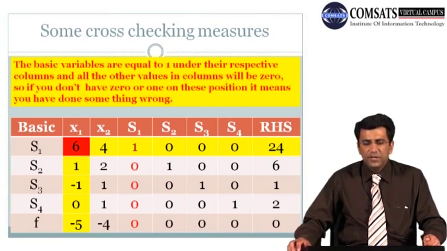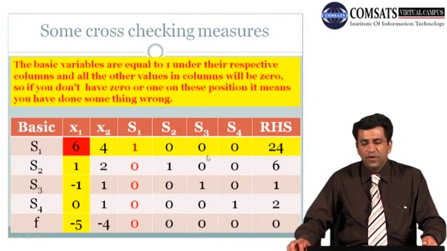Again class, let me explain this particular point. This is S1 and the corresponding S1 is this, and the intersection point is this, that is 1, and all the other values in this particular column are 0. Again, this is S2 and the corresponding S2 is this, and at the intersection we have the value equal to 1, and all the values above and below are 0. Again, this is S3 and the corresponding S3 is here, and the value at the intersection is 1.